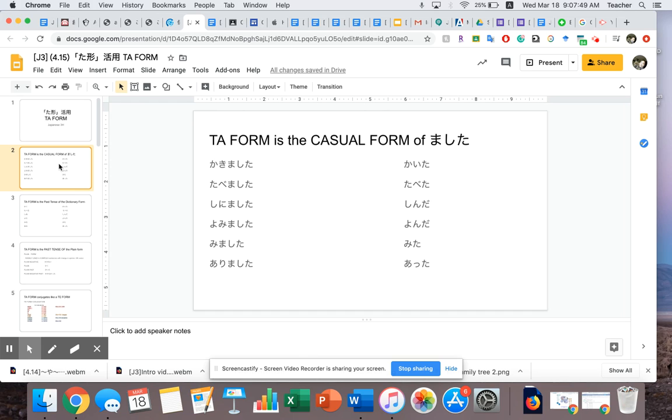Now, ta form is the casual form of mashita, which means kakimashita conjugates to kaita. Tabemashita conjugates to tabeta. Shinimashita conjugates to shinda. Now, if ta form is the plain form of mashita, that means ta form is the past tense of the dictionary form, because dictionary form is the plain form of masu.